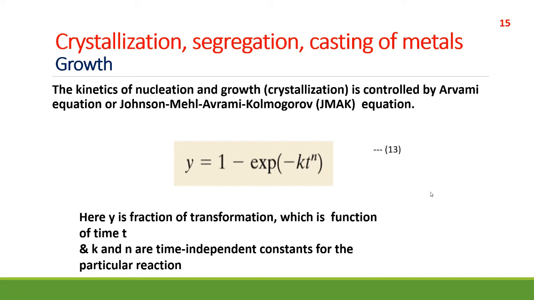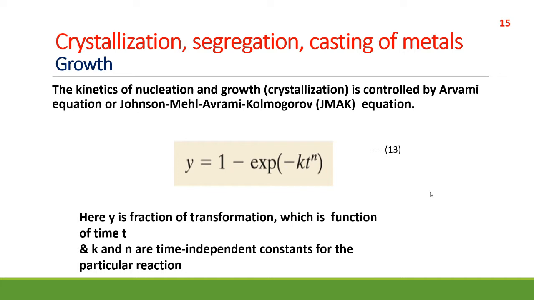Here y is the fraction of transformation, k and n are time independent constants. Here k stands for both nucleation and growth terms, and the exponent n depends upon the geometry of the transformation.